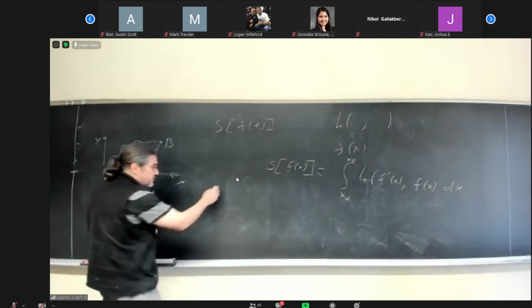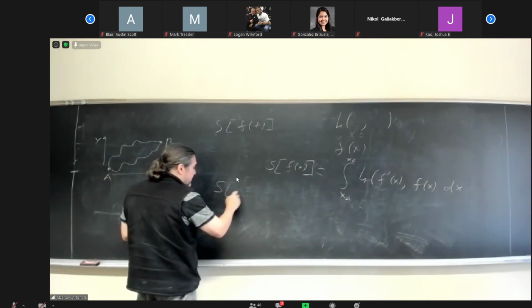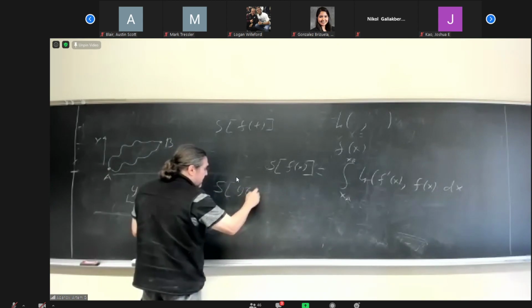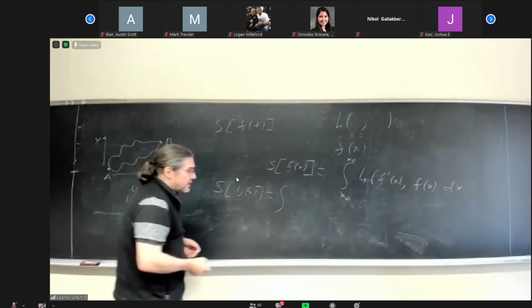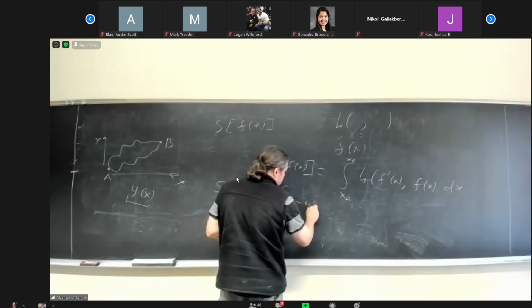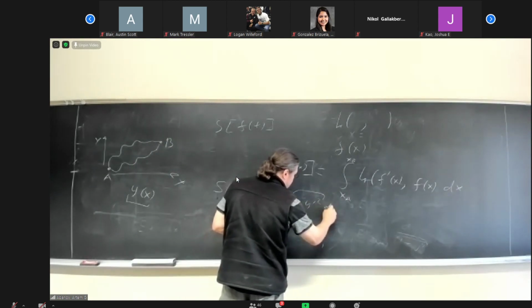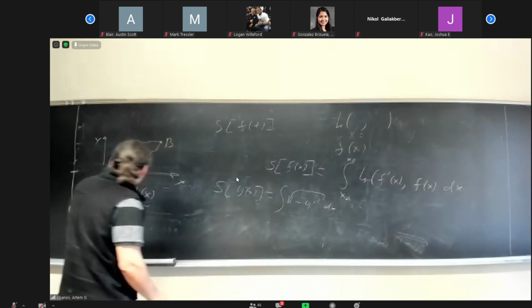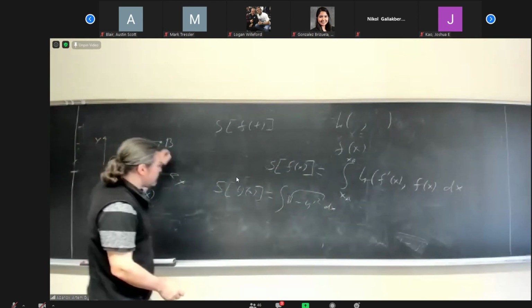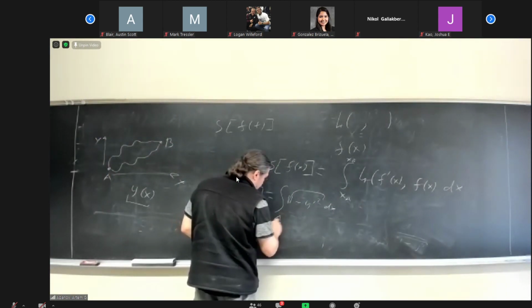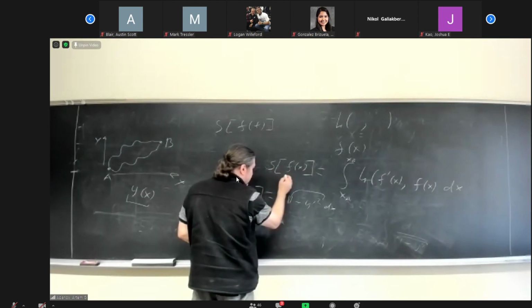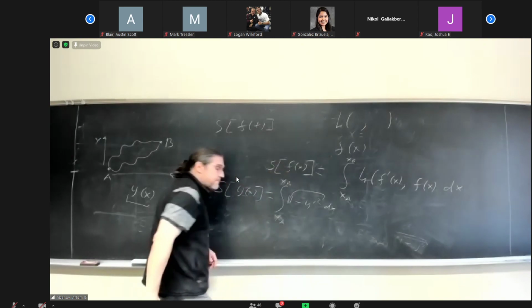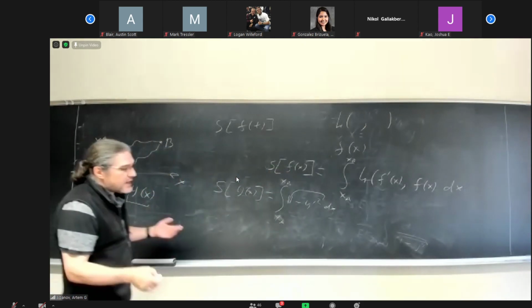So the length of the path, let's call it S of y of x, equals some integral of the square root of 1 plus y prime squared dx. That's what we derived before. And I need to go from point A to point B, so from xa to xb. So that's exactly what I'm doing here.